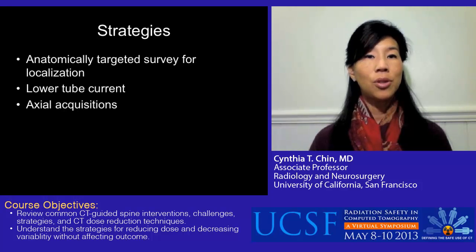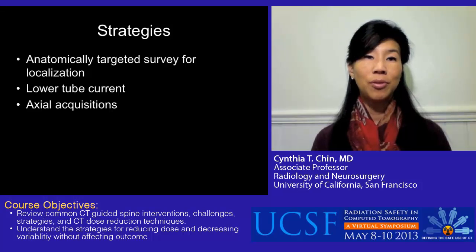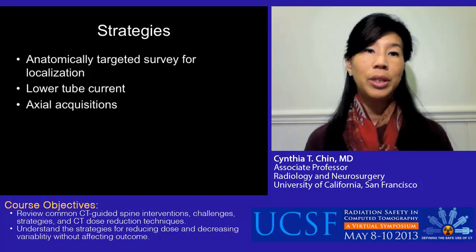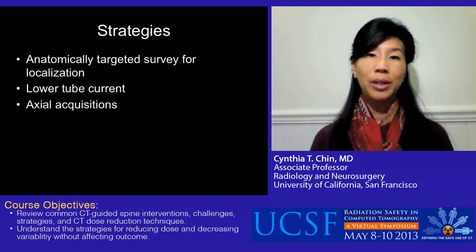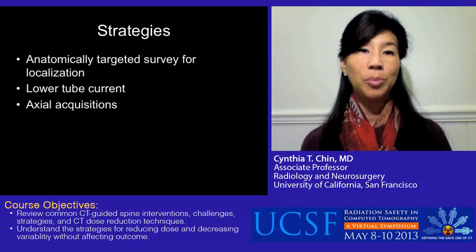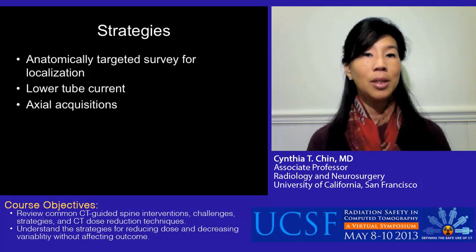Our next slide shows the 3 strategies that we have found to be very helpful in reducing patient dose as well as provider or physician variability. And that is, 1, to know beforehand where your needles will be placed so that the anatomic targeted survey for localization can be minimized.